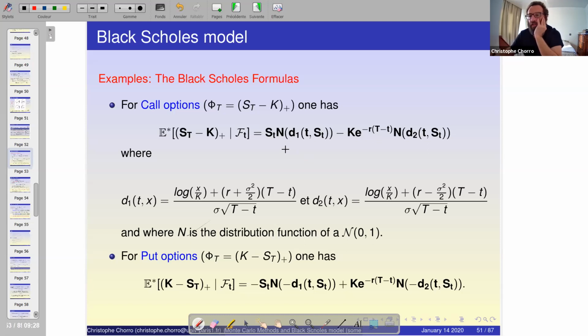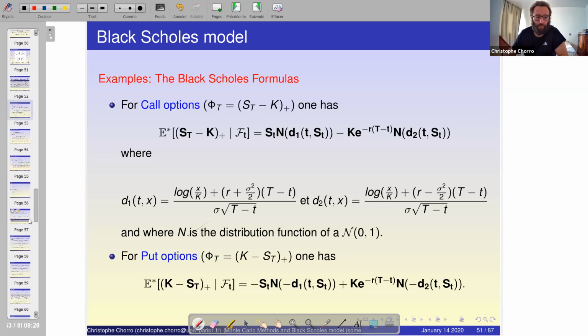N is not known explicitly because I don't have a nice formula for capital N, but I have tables in order to approximate it in a very good way. So no need of extra tools in the Black-Scholes model for call and put because I have the so-called Black-Scholes formula.